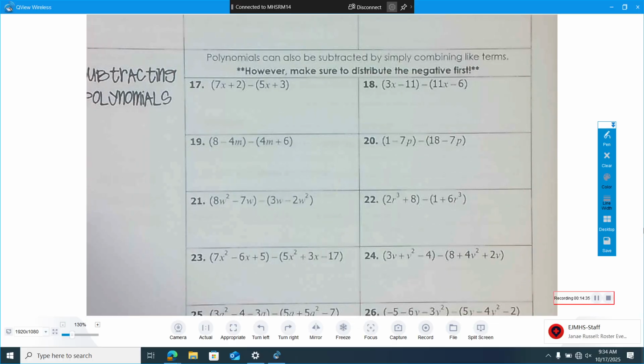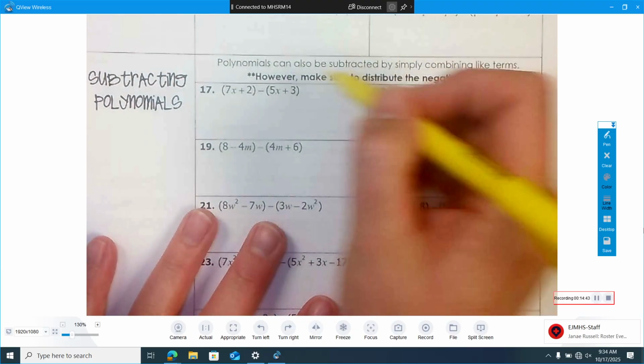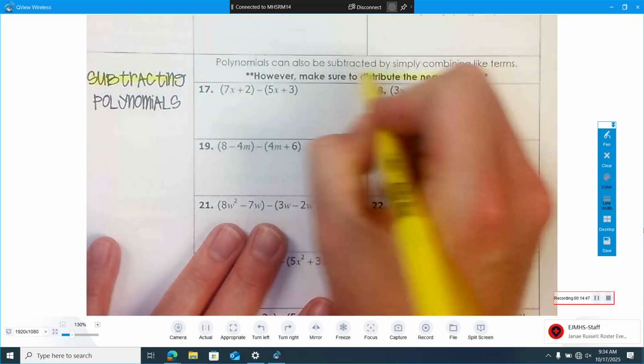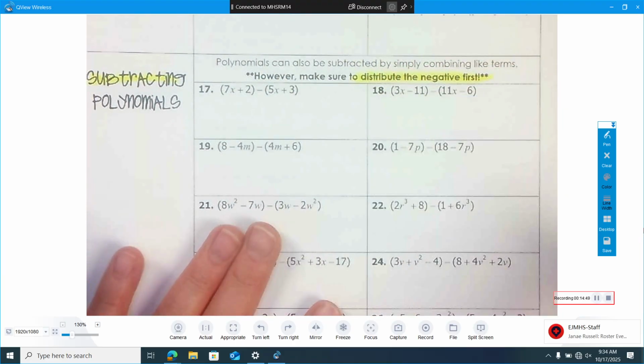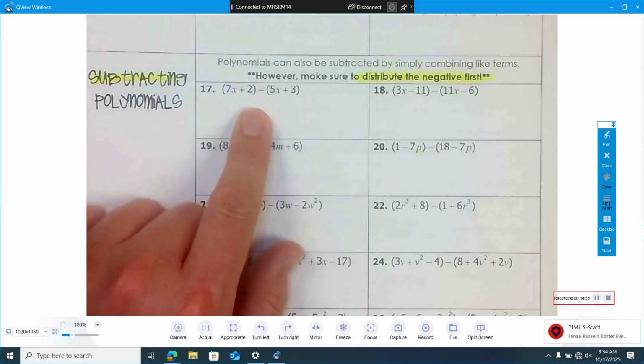Now, subtracting is much more challenging. Well, not really. When we are subtracting the polynomial, we need to distribute the negative.